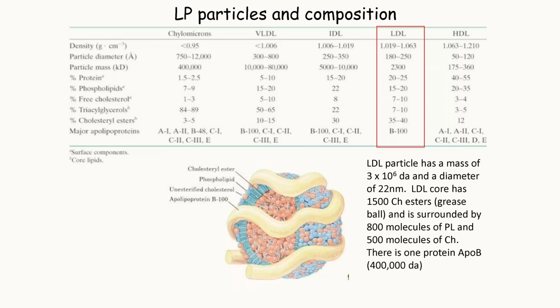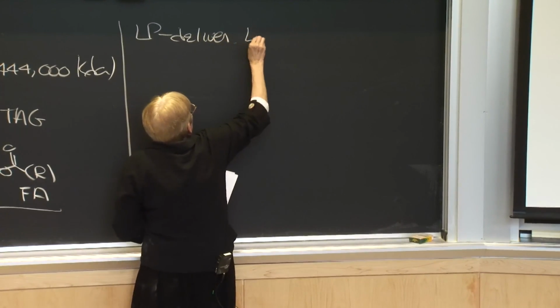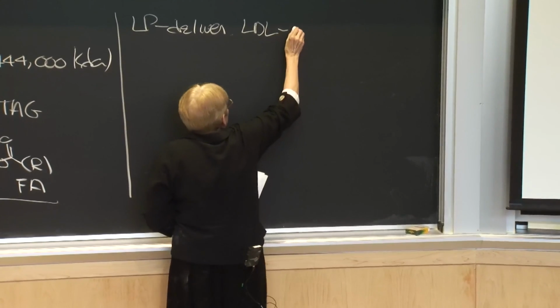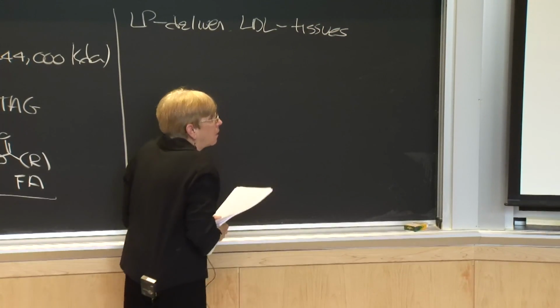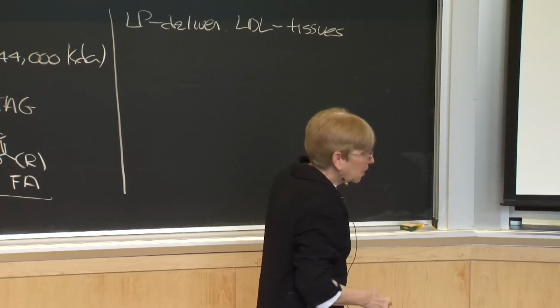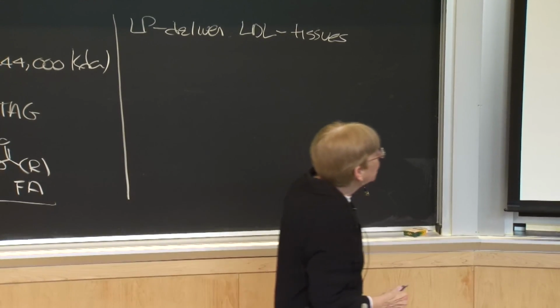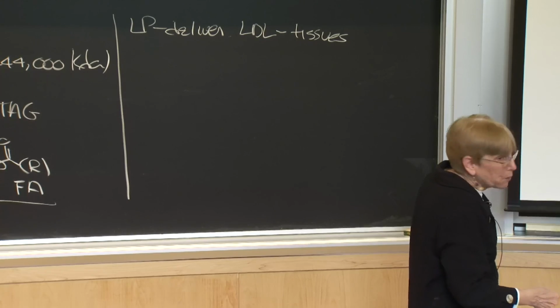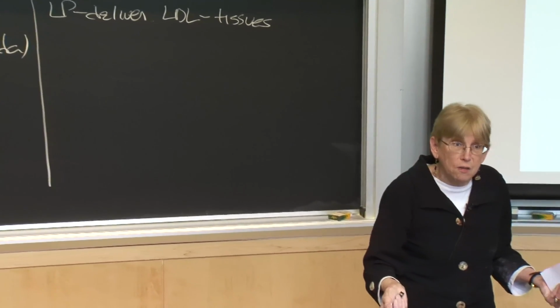So how do these lipoproteins deliver LDL to the extrahepatic tissues? That's what we're really after. And so these chylomicrons, let me just show you the next slide for a second. I think this is probably a better one anyhow. So these chylomicrons, somehow they have to package all this stuff into these lipoproteins.